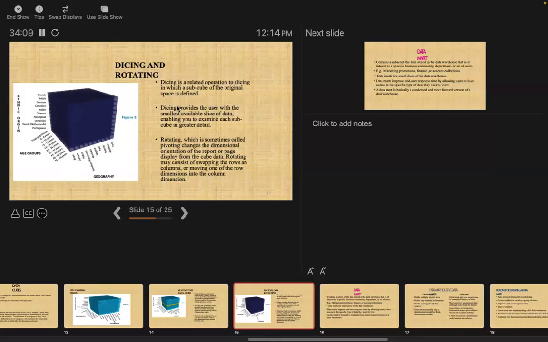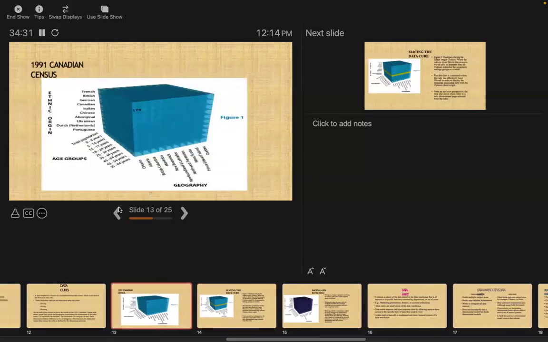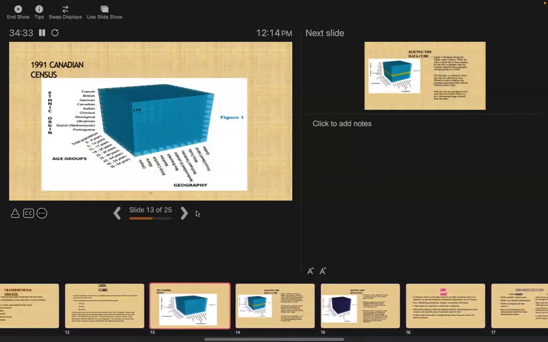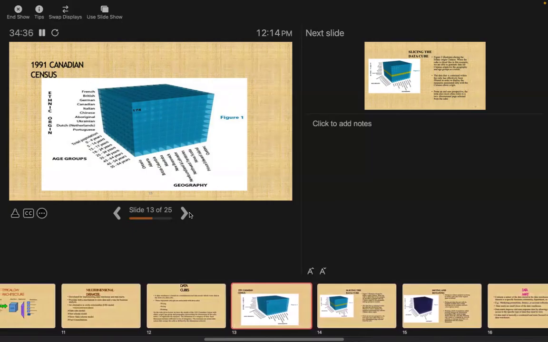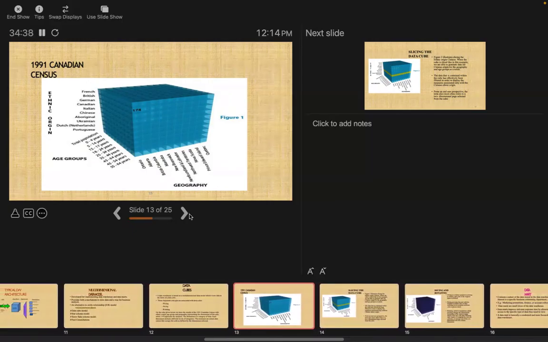Similarly, dicing in layman's words: you consider this cube, and in that cube you are more interested in this geographical portion. That is dicing. And slicing, you already got, is picking up one particular cube from the data cube. So these three operations we perform in the case of a data cube. And data cube is a very simple yet good example of a multi-dimensional data model. Is it clear?